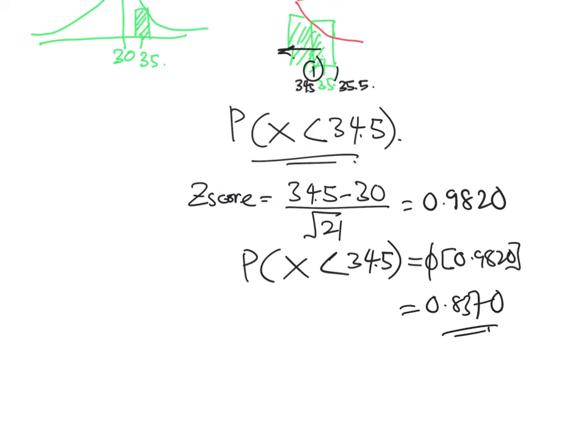So the binomial probability of fewer than 35 can be approximated using the normal distribution as x less than 34.5, and the probability we get is 0.8370.